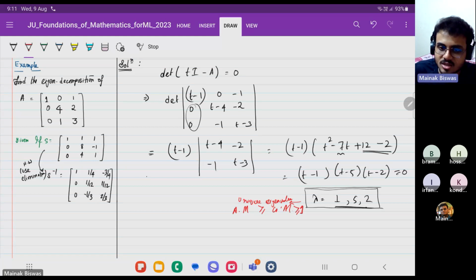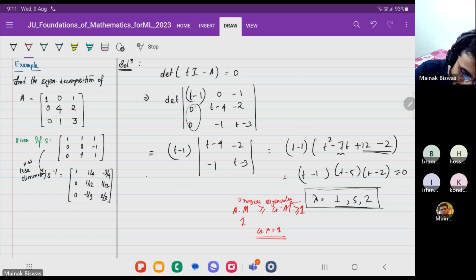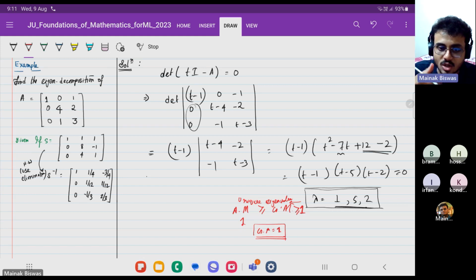You cannot have 0 as a geometric multiplicity of an eigenvalue, right? So since this is 1, your geometric multiplicity will also be equal to 1. So you will have all unique eigenvectors. Do you agree? There will not be any deficiency in the matrix or the eigenvectors, right? Correct? We have this identity, AM greater than or equal to GM, and the geometric multiplicity is lower bounded by 1.